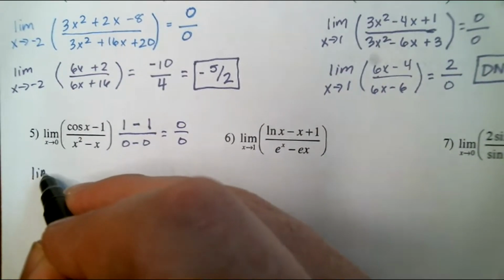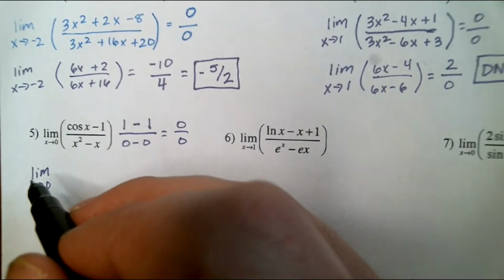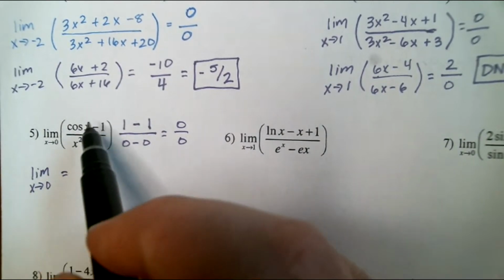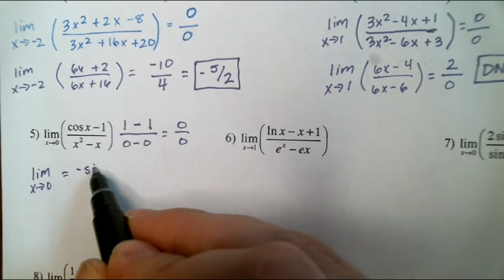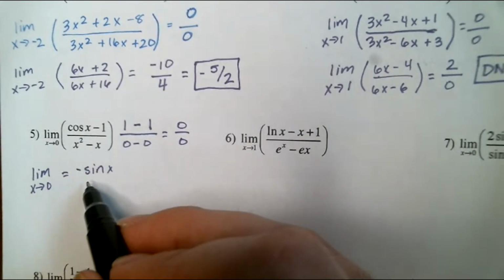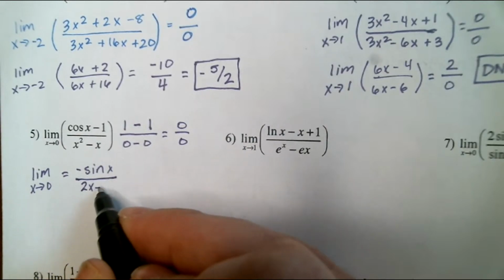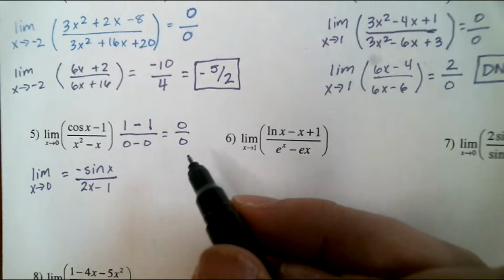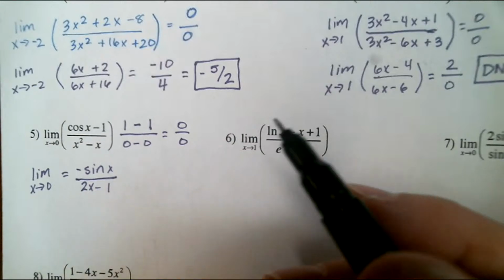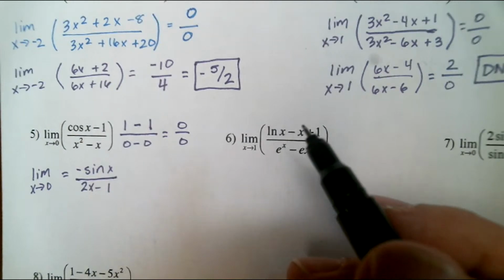The limit as x goes to 0 is equal to the derivative of cosine, which is negative sine x. The derivative of 1 is a constant, so that's 0, over 2x minus 1. Okay?